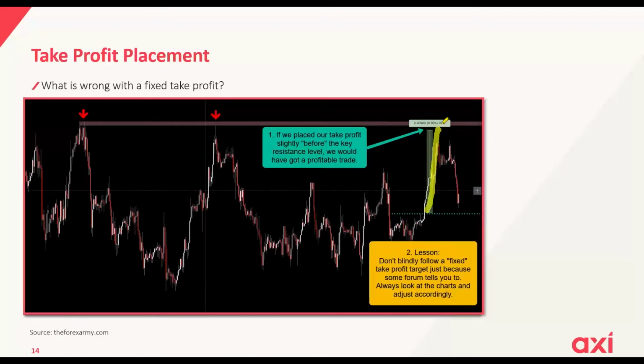Price comes up, hits our take profit of 90 pips, and from there, we don't care what happens after that. So the important lesson is don't follow a fixed take profit. Always look at the chart and see what it's telling you. From there, you can fine tune your trading strategy so that you're not putting your take profit beyond, instead you're putting your take profit slightly before.